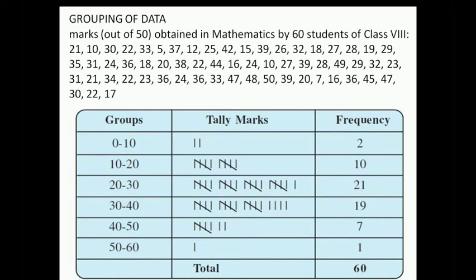Already I have shown tally marks here, but I will write again how you have to draw tally marks. Look carefully one by one. Okay, 21. So 21 will fit in between 20 to 30.